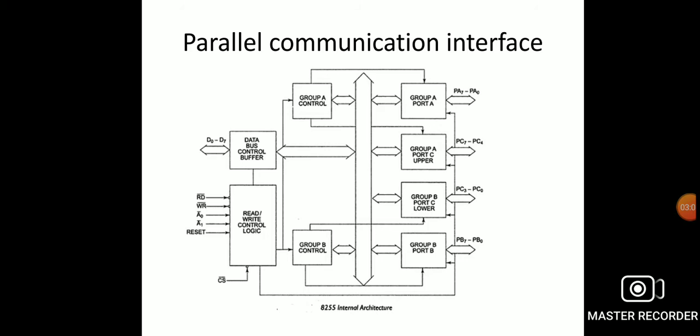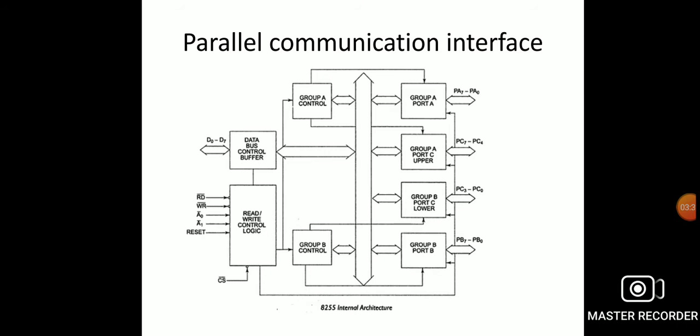In this description of signals, in reset and read and write operations, first of all I explain the reset pin. In reset, a logic high on this line clears the control word register of 8255A, and all ports are set as input ports by default after the reset.